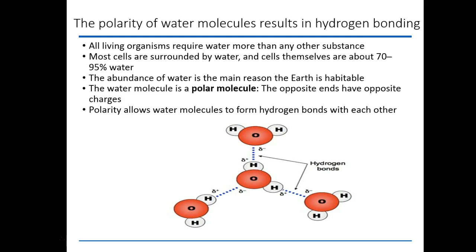But these hydrogen bonds, where a hydrogen is attracted to another water molecule, are temporary. They happen quicker than a blink of an eye. They bond, and then the bonds are broken. Bonding, and the bonds are broken. So any particular hydrogen bond you're talking about at that time is very, very temporary.